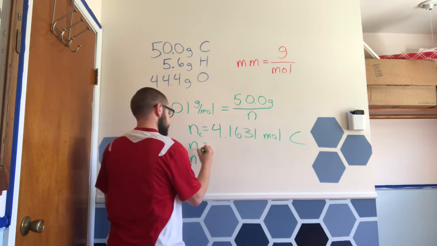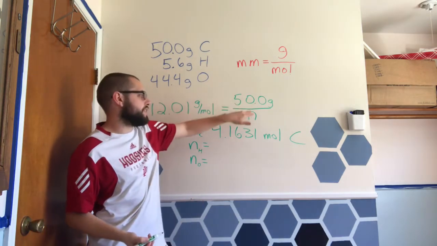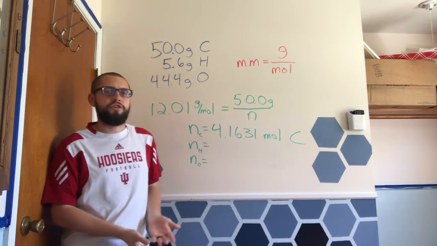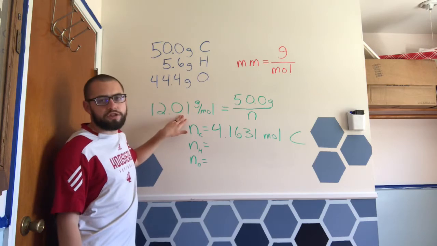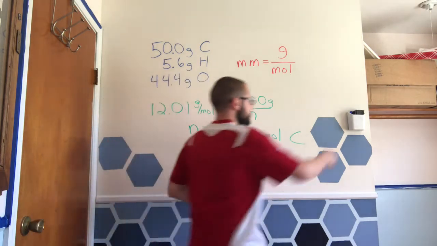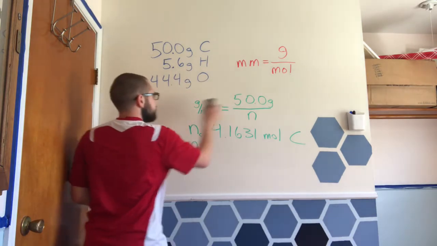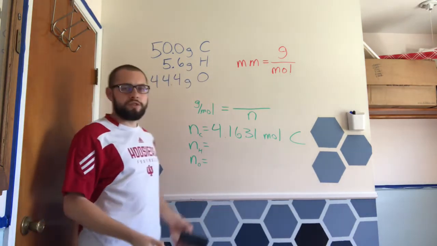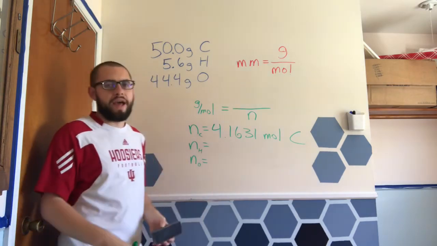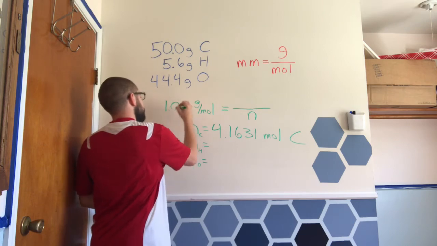Here's carbon, hydrogen, and oxygen. I would use the same setup here. I would just need to switch some things out from the periodic table. For hydrogen, let's go ahead and show that. Got the whiteboard here, let's use it. For hydrogen, I need to use hydrogen's molar mass. I'm still getting it from the periodic table. It's about 1.01.